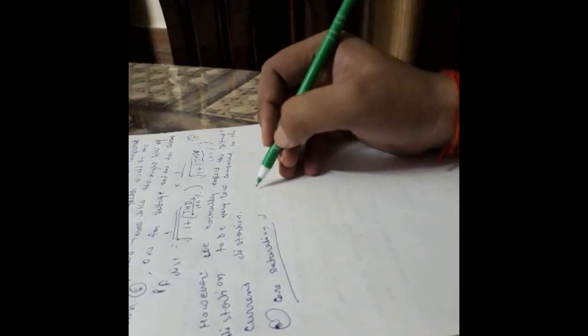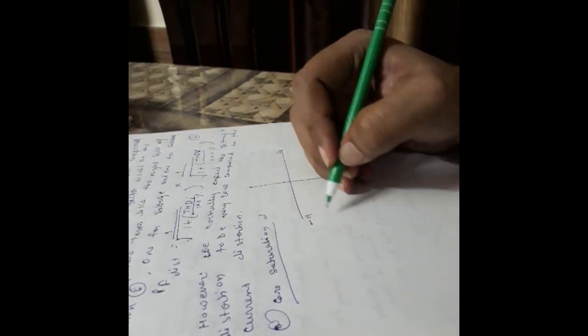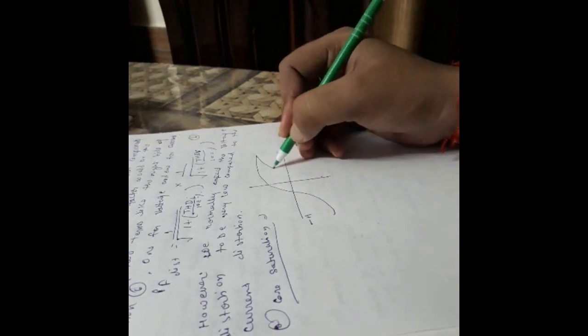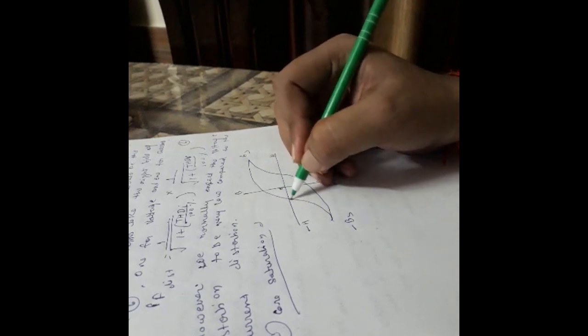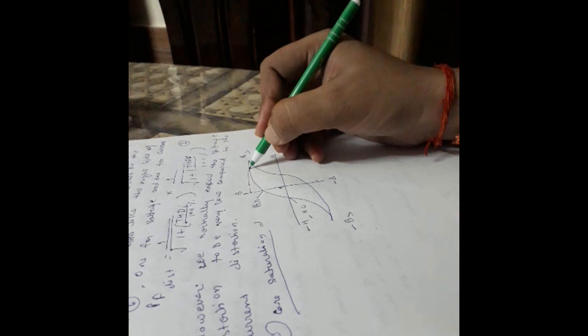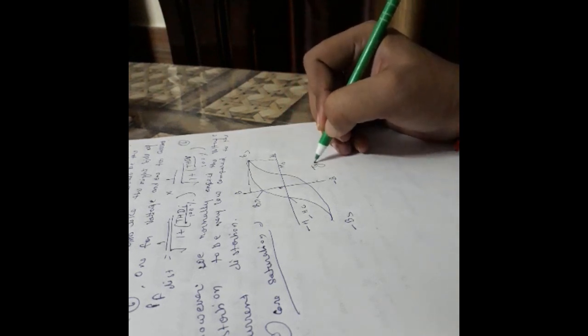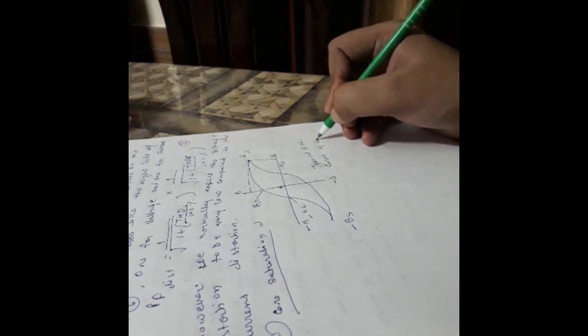The figure shows H and B axes, with B_S, B_R, H_C and H_S marked. Typically, this is the BH curve of the soft magnetic material.